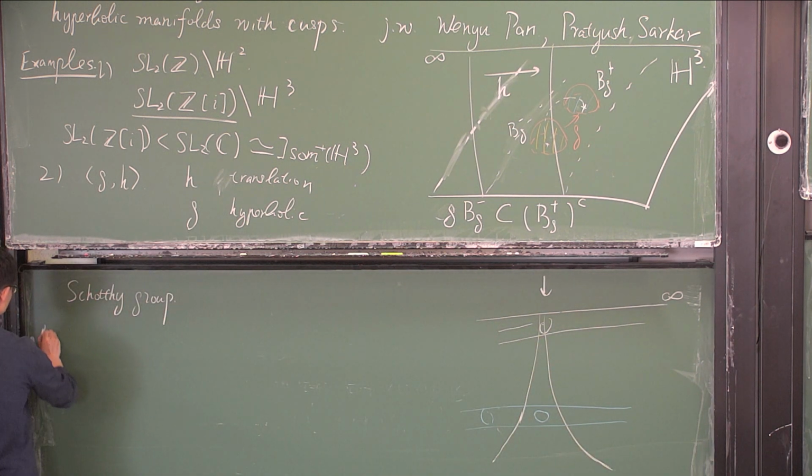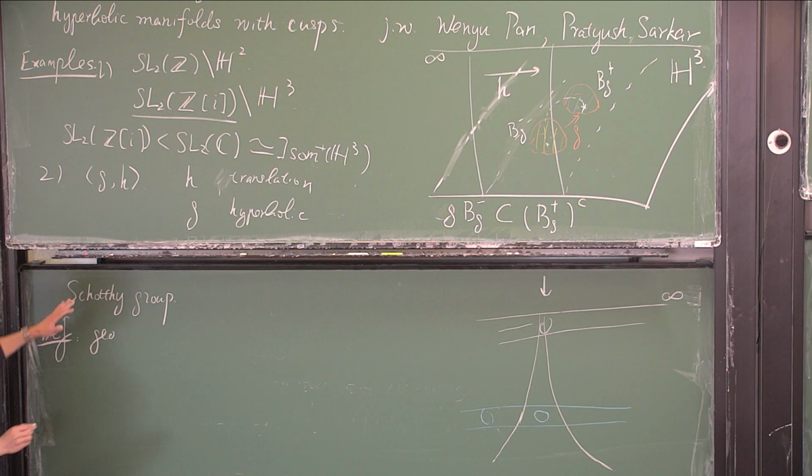Now we can try to get a definition of geometrically finite. It's something that tries to generalize these kinds of examples.